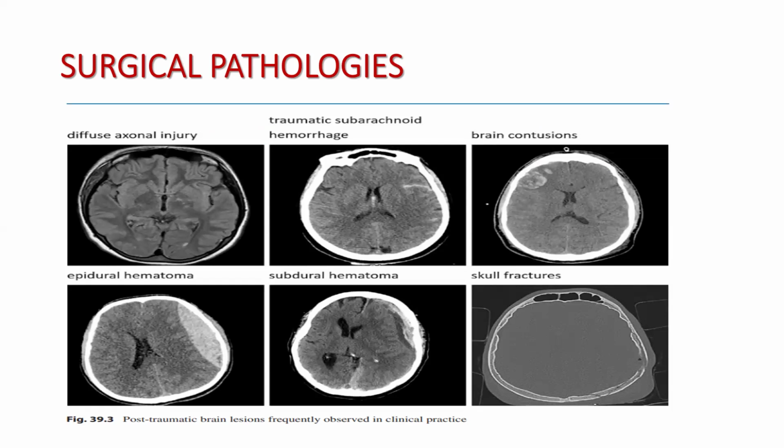The first one on the upper left corner is showing a patient with essentially a normal CT scan, and that one is usually seen in patients who have diffuse axonal injury.